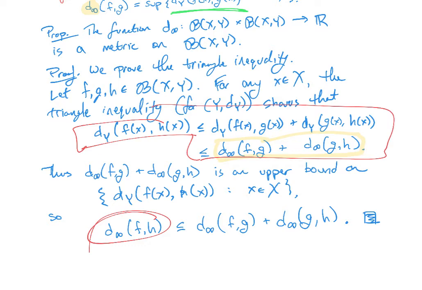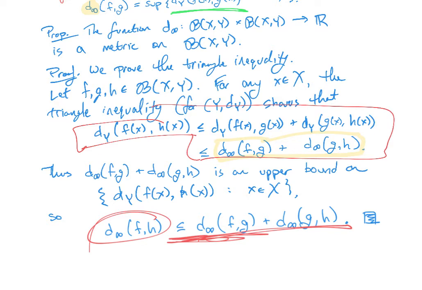No, I just meant we know that d_Y of f, h is also less than d infinity of f, h, right? But that's not enough to piece together that inequality. Oh, right. So we do know that, but that won't give you this inequality, yeah. Definitely, if you think about it, we have to use the triangle inequality on Y. Otherwise, it's not going to be true.